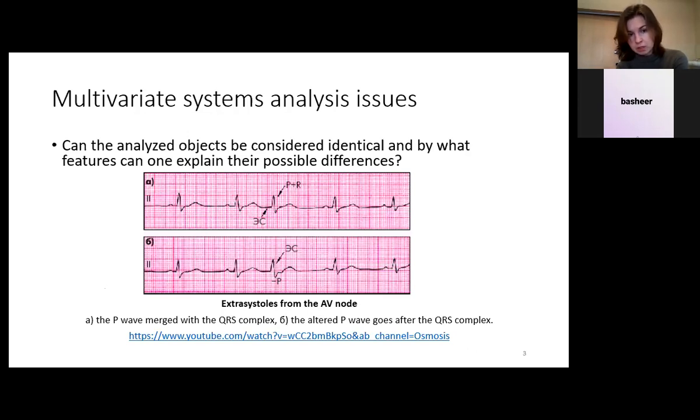The main question, the most frequent question in our area when we are trying to find diseases, is: can the analyzed object be considered identical, and by what features can one explain their possible differences?